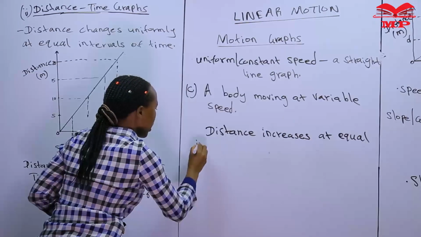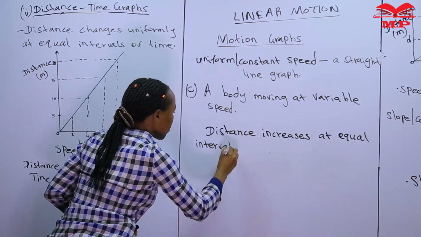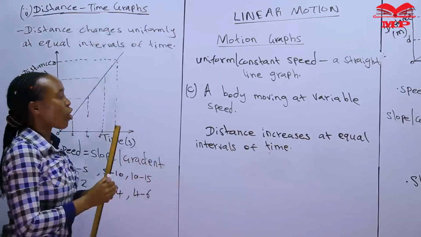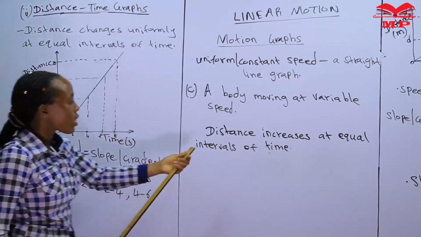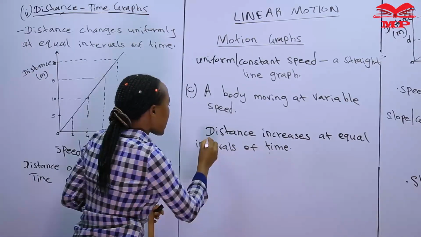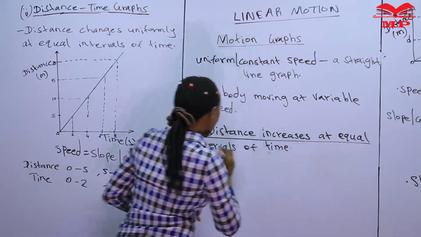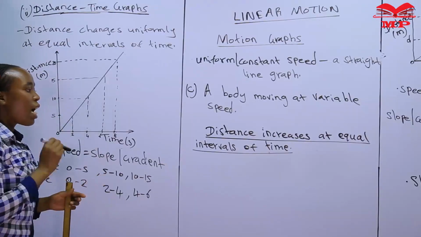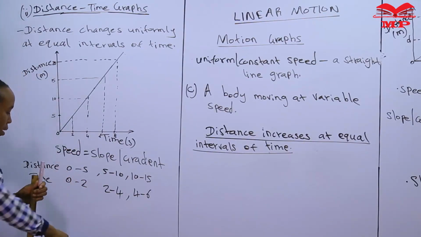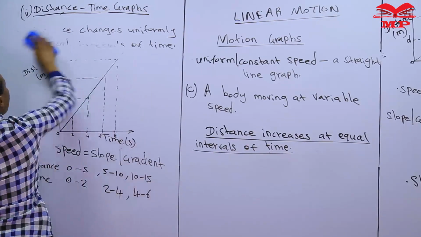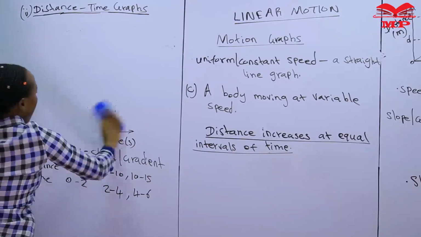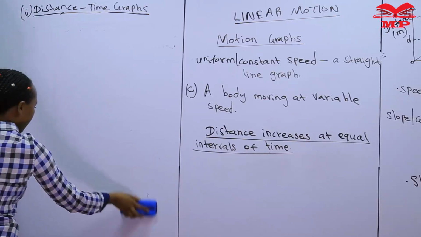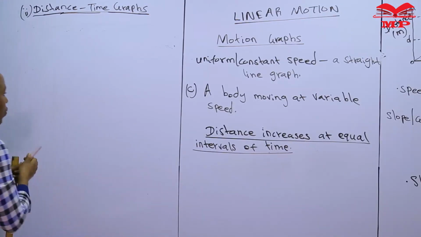In this case, the distance is not changing uniformly. The distance increases at equal intervals of time. I want to have the graph for a body whose distance is increasing at equal intervals of time.